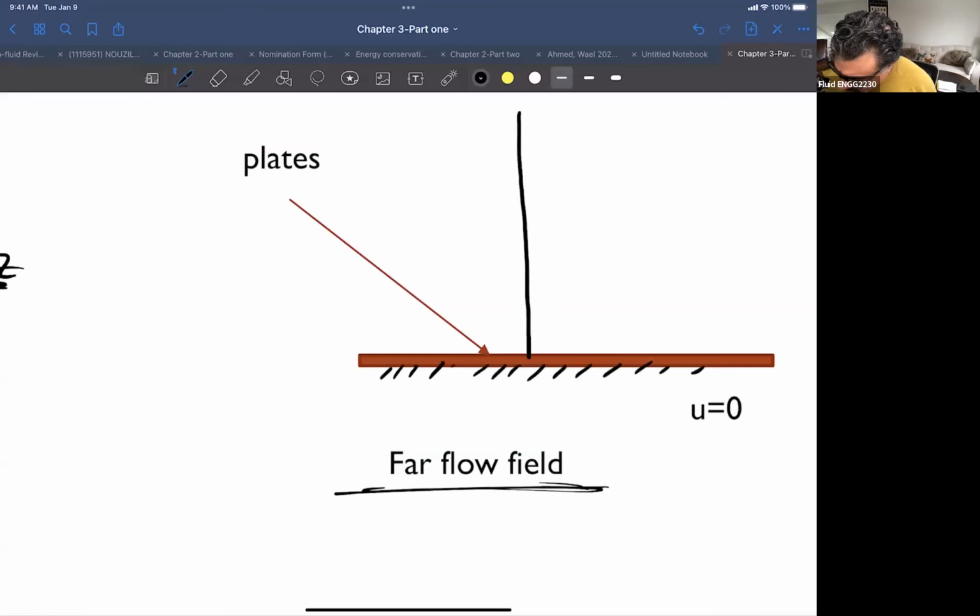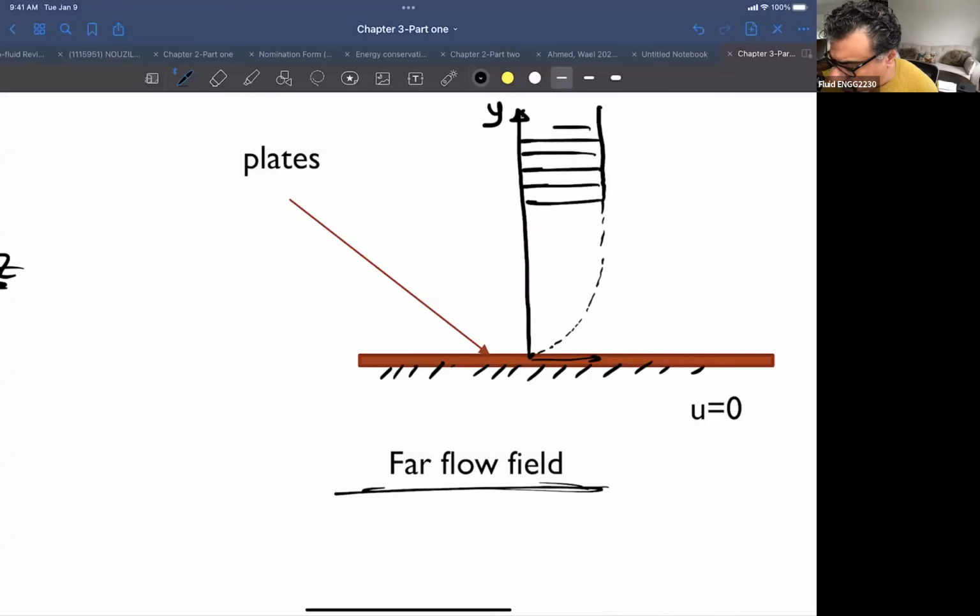If I put the velocity distribution, let's say this is our X and this is our Y, the velocity very close to the ground is 0, and the velocity increases to a point, and then far from the building and so on, the velocity is approximately constant.